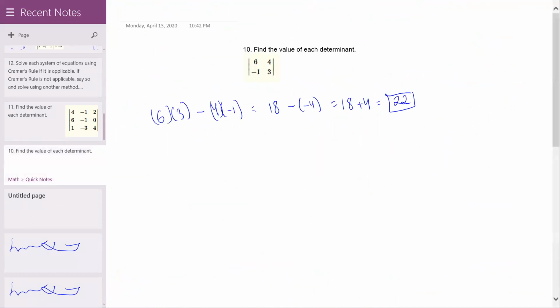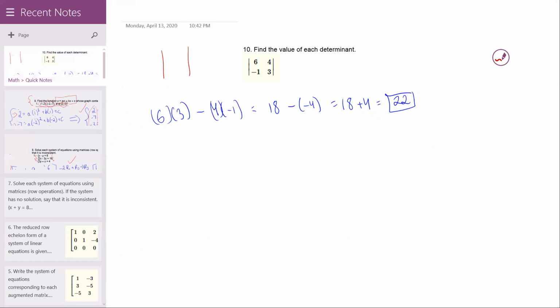Okay, number 10, finding the value of a 2 by 2 determinant. I will mention that these straight lines mean determinant, and these brackets mean a matrix. So the matrix 6, 4, -1, 3 is a matrix.